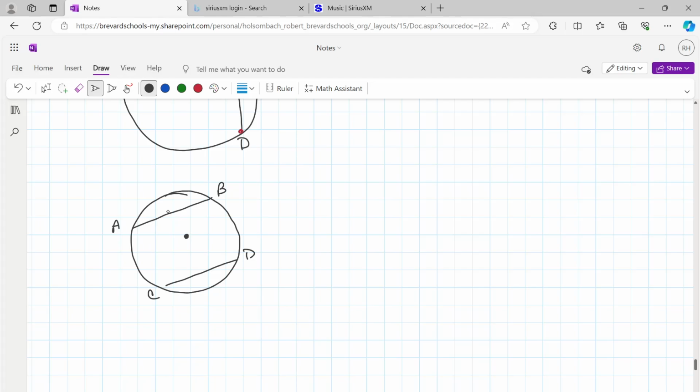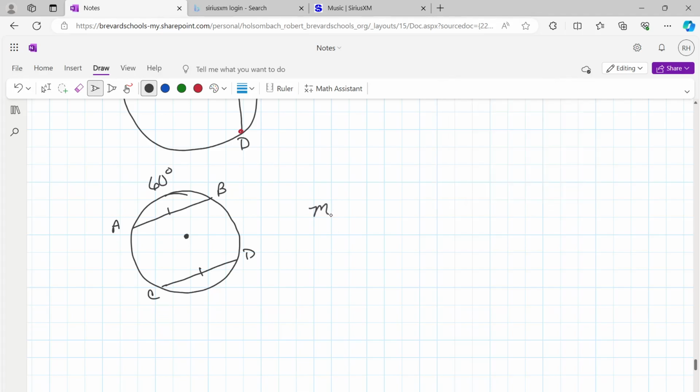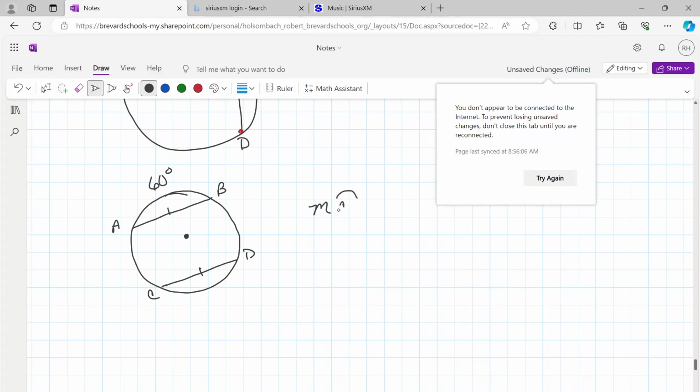You're told that AB is congruent to CD. You're told that arc AB is 60 degrees. You're asked to find the measure of arc CD. So the measure of arc CD is equal to 60 degrees.